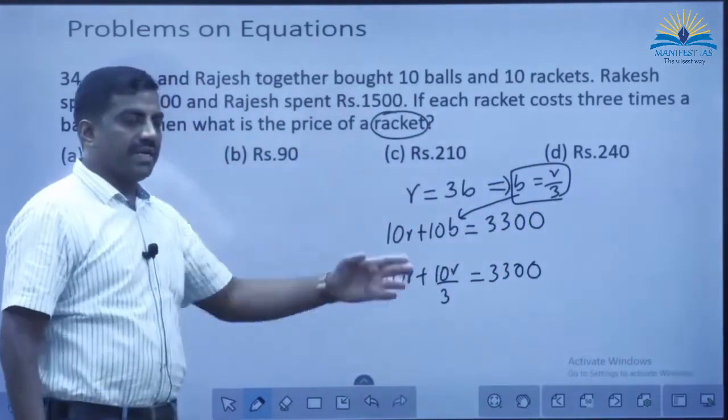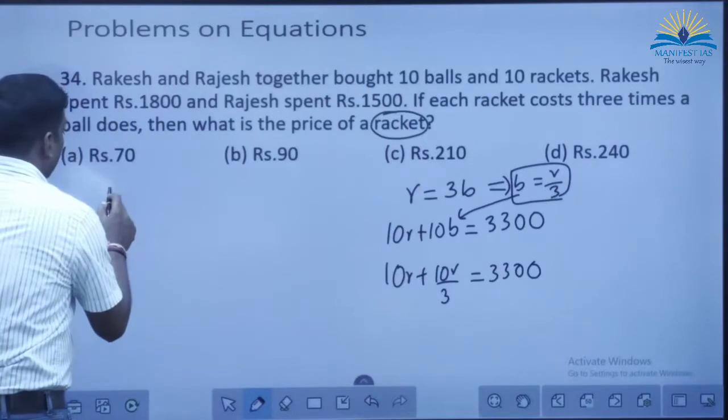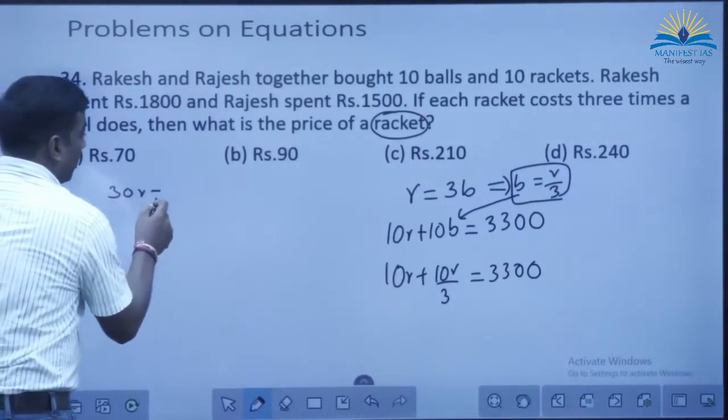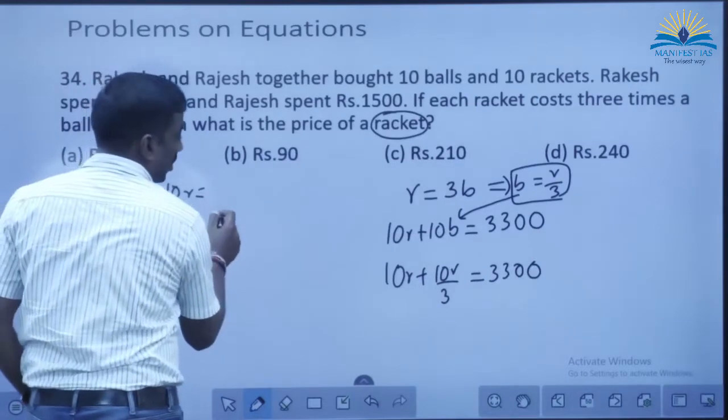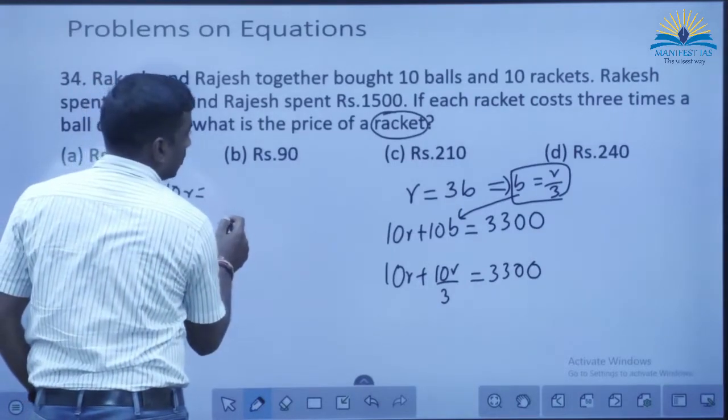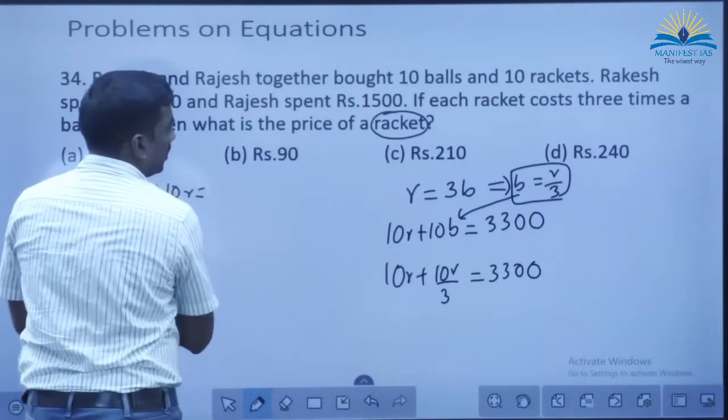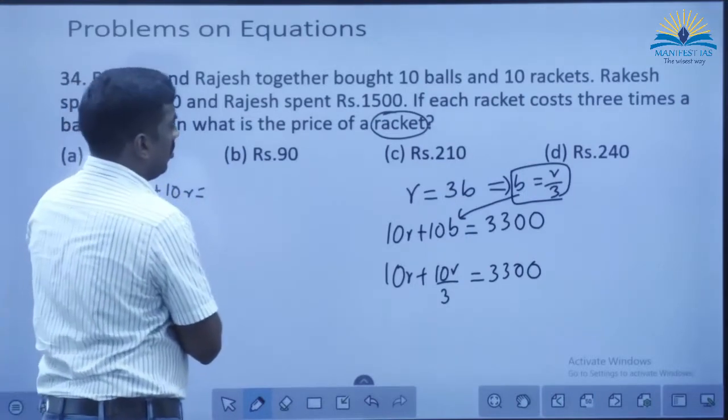Take 3 as the LCM, take it that side. So it will become 30R plus 10R is equal to how much? Correct, no?